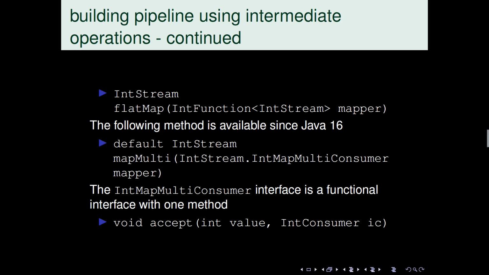Here they wanted int as the first parameter, and therefore they created a new functional interface. They didn't pick up the standard functional interface. In the standard functional interfaces, we have something very close to this IntMapMultiConsumer, called ObjIntConsumer of IntConsumer. That could have worked, but the parameter sequence would be different.